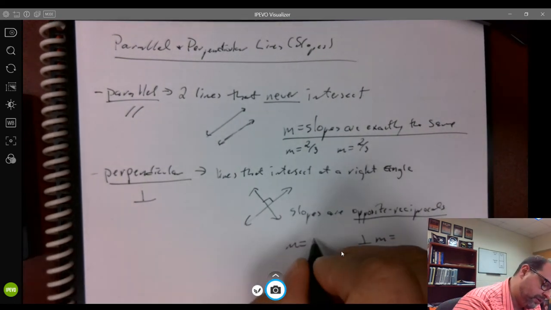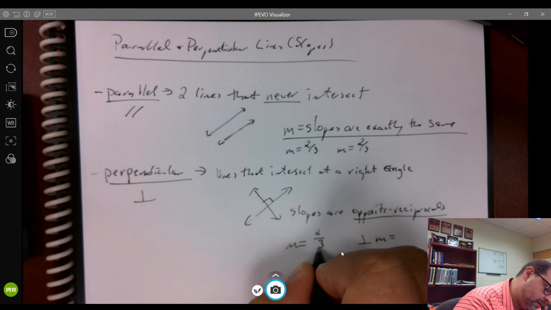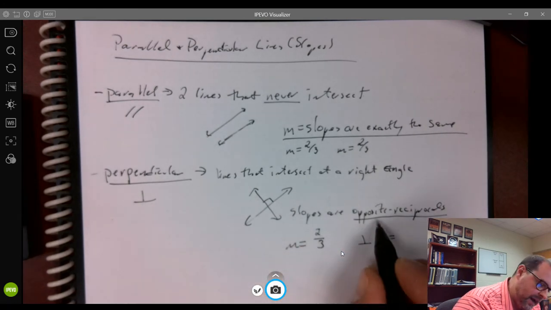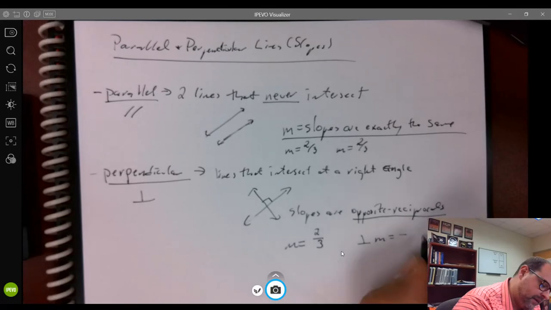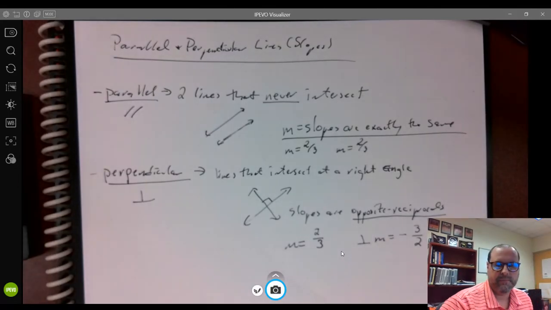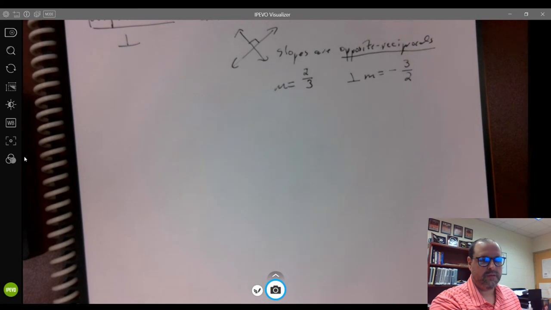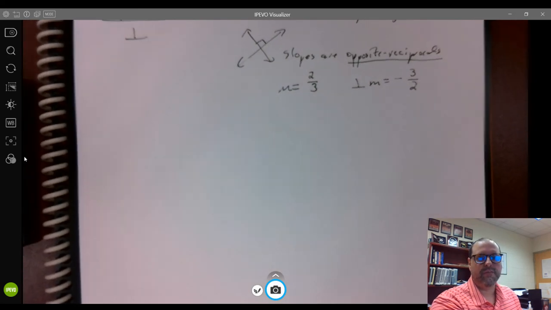So for example, if the slope, let's say, was the same 2/3, since it's positive, the opposite part would make it negative. The reciprocal part would flip it to be 3/2. So it's not just changing the sign, it's also flipping it to make it 3/2 or whatever the fraction is.